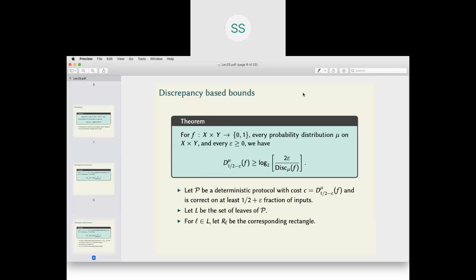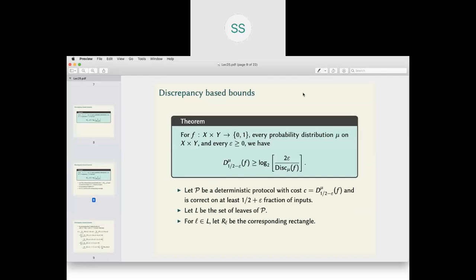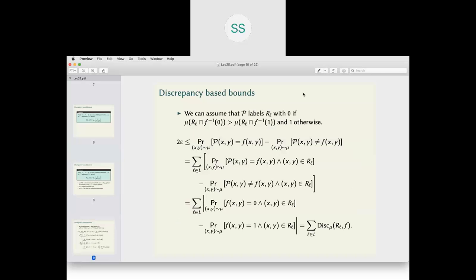So we have the protocol tree, and for each leaf l, we can look at the corresponding rectangle, right? Now, what do we know about the rectangle? We know that it is correct on at least half plus epsilon fraction of the inputs, and let's further assume that we take a rectangle.